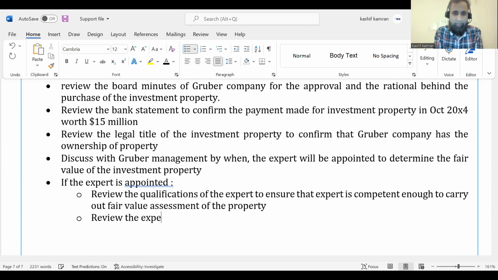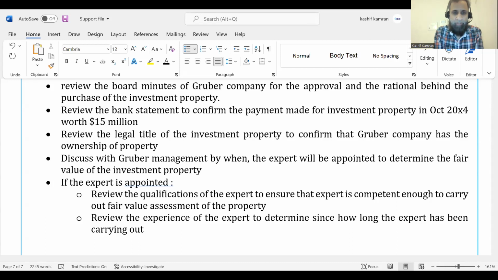Review the experience of the expert to determine since how long the expert has been carrying out valuation services, to confirm the credibility of the work performed.